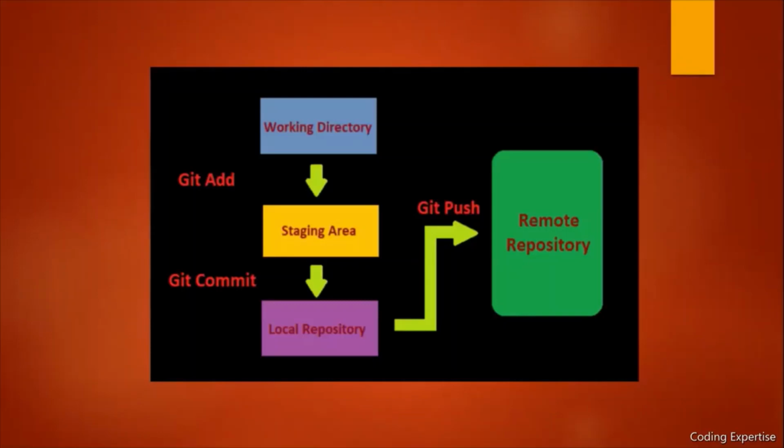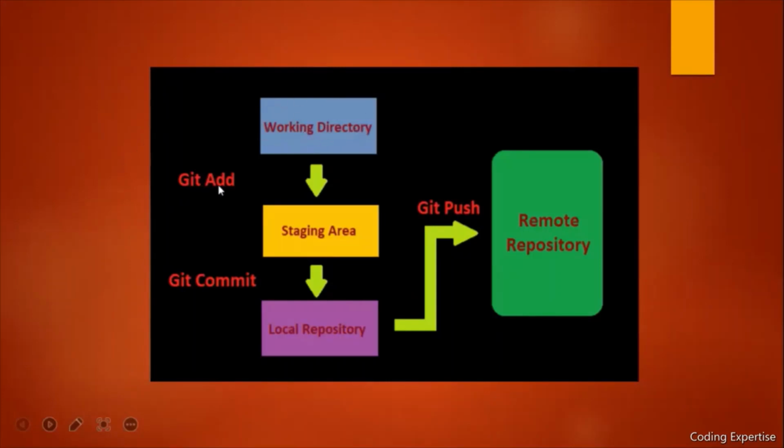Let's understand the Git workflow in the form of a pictorial view. Here we have different components: working directory, staging area, local repository, and remote repository. Initially, we created a local folder, that is the working directory. We created some files.